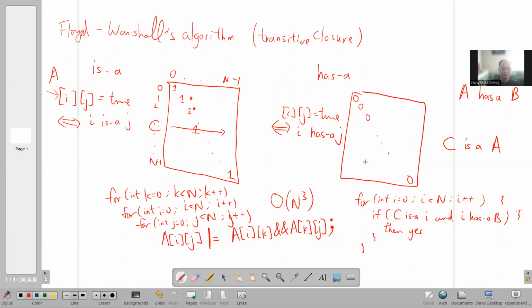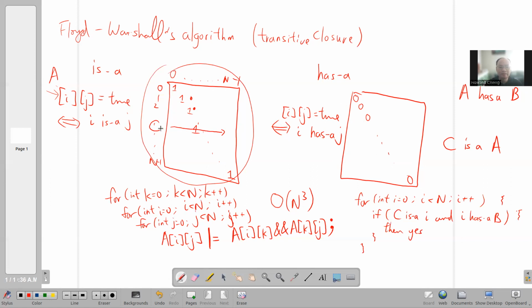Is A, you never have to worry about going to the has A table, because is A is just completely answered in this table over here. So as long as you understand this, the coding should be relatively straightforward. There's two different types of closures, and there's sort of one level of indirection, I guess you call it.